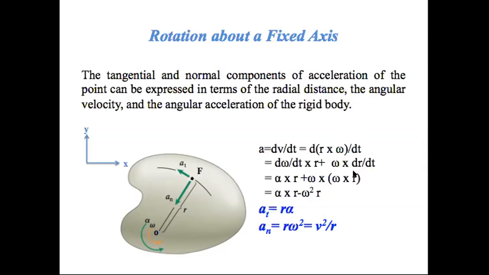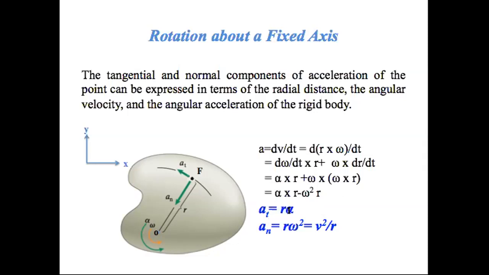By applying the product rule from calculus, this term, d omega dt, is the definition of the angular acceleration alpha. And this term, dr dt, is once again the linear velocity, equal to omega cross r. Therefore, the acceleration after simplification becomes the cross product of alpha and r minus r omega squared.